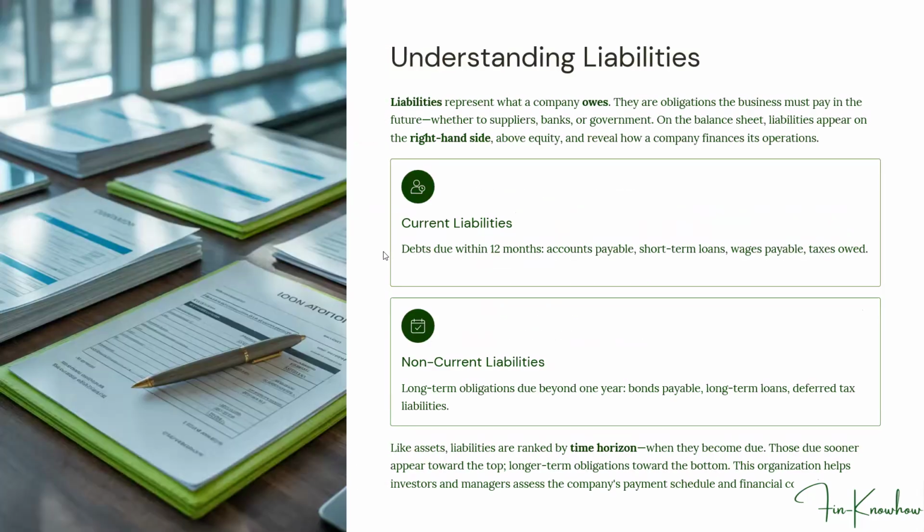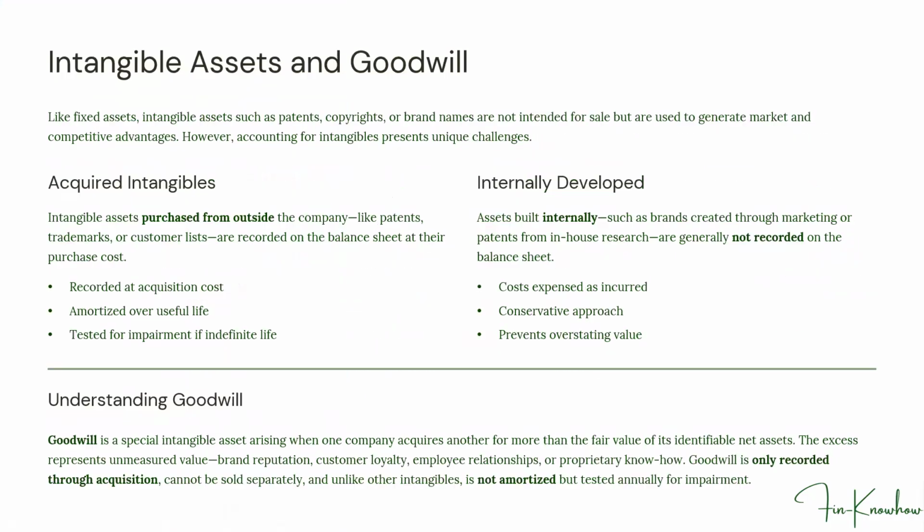There is a third one that I want to draw your attention to. That's called goodwill. It's hard to explain what goodwill is from a conceptual standpoint because it's an accounting driven asset. And the way it comes about is in the context of acquisitions.